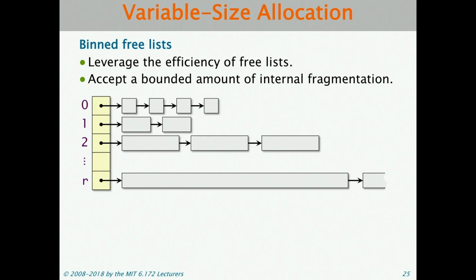So in bin free list, we're going to have a whole bunch of bins, and each bin is going to store blocks of a particular size. Here, I'm going to say that bin k holds memory blocks of size 2 to the k. So I'm going to store blocks of sizes that are powers of 2. So why don't I just store a bin for every possible size?